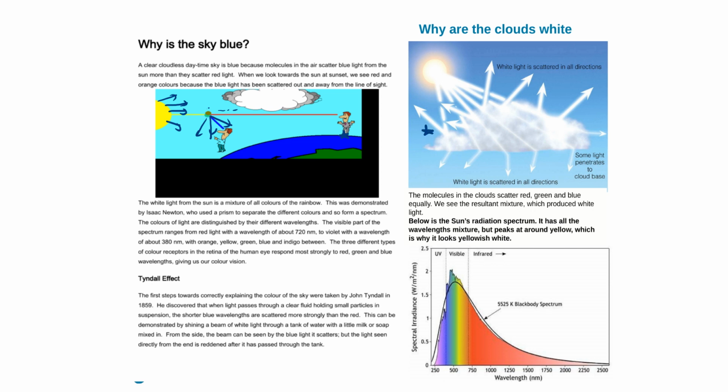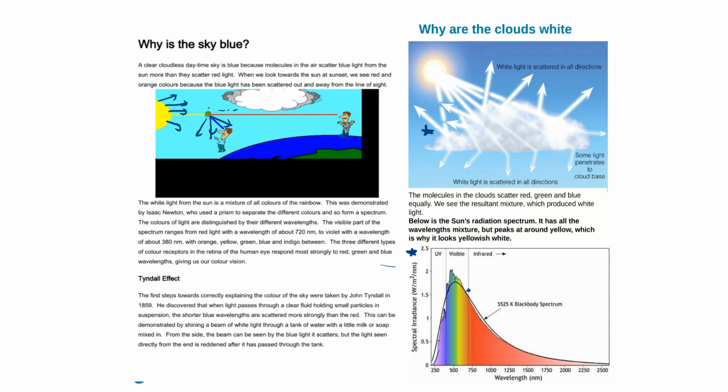Another example, white clouds are reflecting all the visible spectrum, that's why we see them white. And this image is showing what we call the black body spectrum of the sun. It emits light at all these wavelengths. This black curve you see here, well, actually the full figure, is the sun's overall light emission.